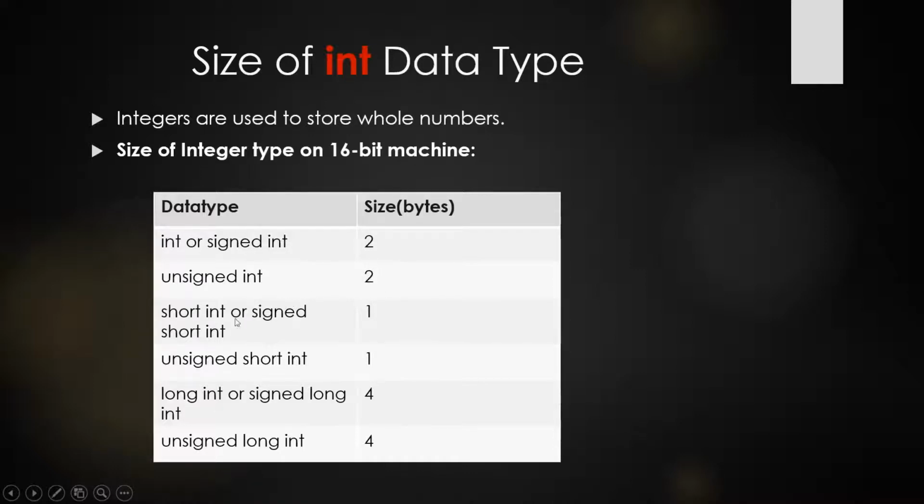Short int or signed short int will have only 1 byte. Unsigned short int will also have only 1 byte. Long int will be allocated 4 bytes in the stack. All the data types, if they are local, will have memory allocated in the stack. Unsigned long int will also have 4 bytes.